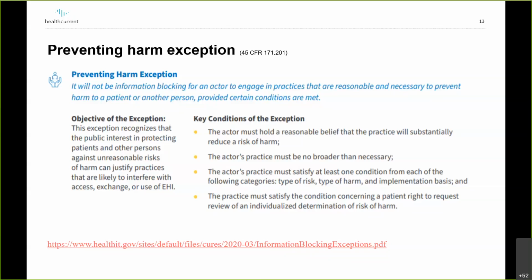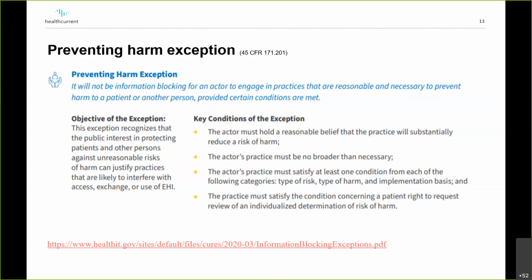And you're fearful that if you disclose that information in her medical record to her, that she's going to get hurt by her abuser. So in that circumstance, you could absolutely interfere with this access request by a patient and say, okay, I'm not going to give her this component of her medical record because I believe that holding that back is going to substantially reduce the risk of harm to her.